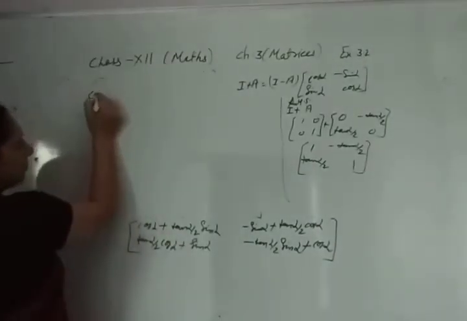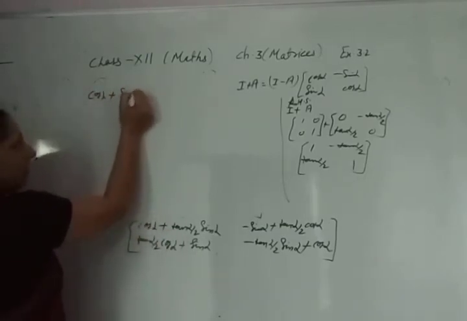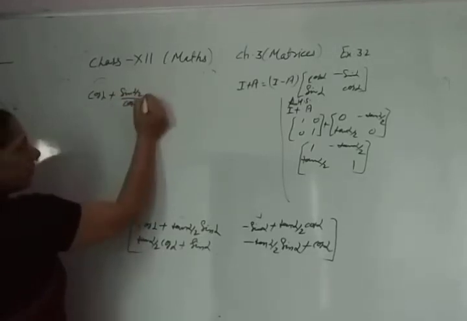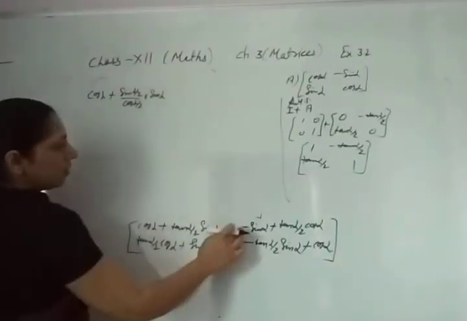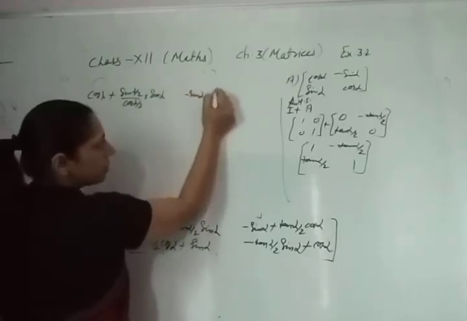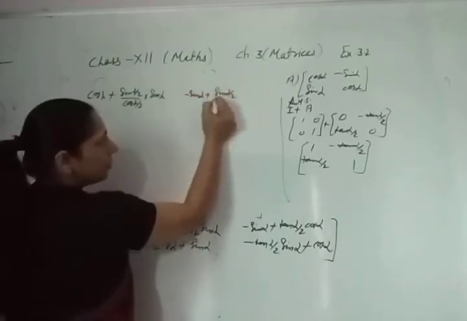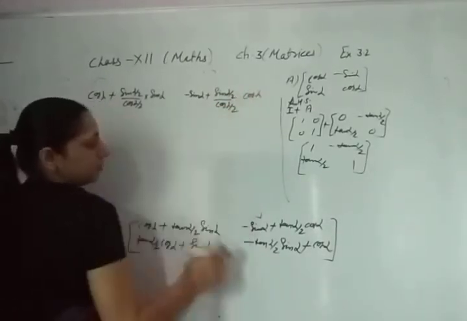Cos alpha plus tan alpha, that is sin alpha by 2 upon cos alpha by 2, into sin alpha. Next one is minus sin alpha plus sin alpha by 2 upon cos alpha by 2 into cos alpha.